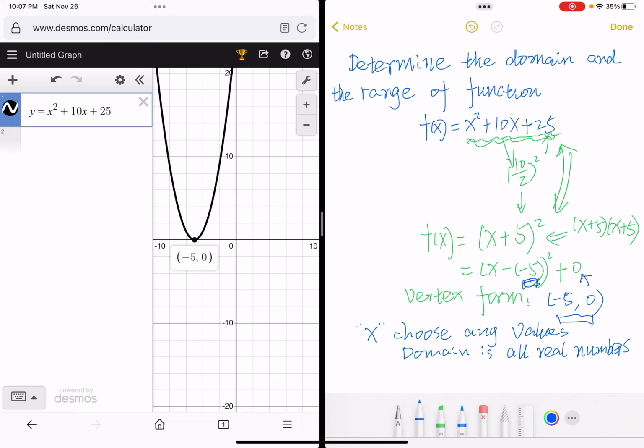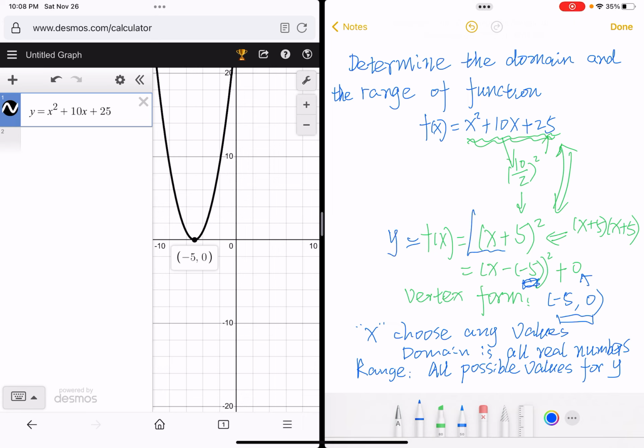Okay. Then what is the range? The range is all possible values for y. This is our y.